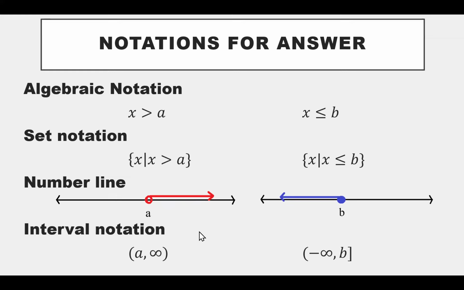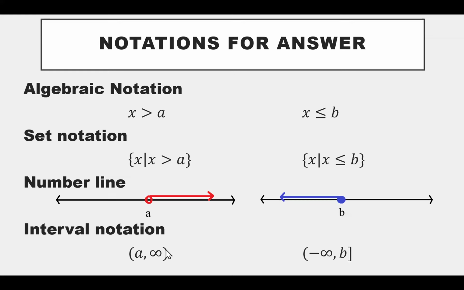There's one other notation that we use a lot, and that's interval notation. In this case, if I said x is greater than a number, like x is greater than 12, I would say the solutions are all x values between 12 and all the way to the right on the number line. So from 12 to positive infinity. And that's the symbol for infinity here.